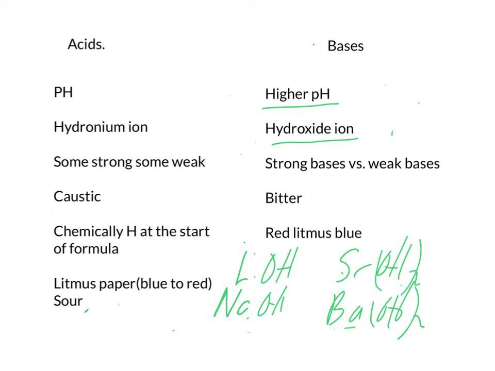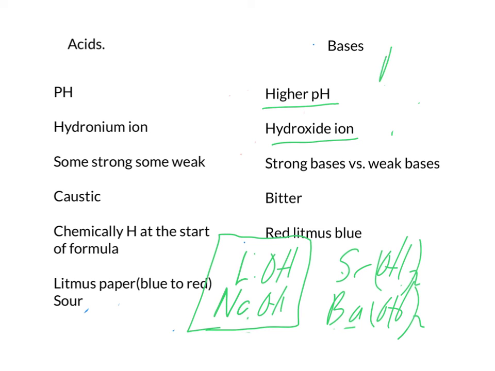Those are the alkali metal hydroxides like lithium, sodium, potassium, and so on from group 1. Those are strong bases because they make so many ions. In addition, strontium hydroxide and barium hydroxide are 2 additional strong bases. There are, again, many more examples of weak bases.